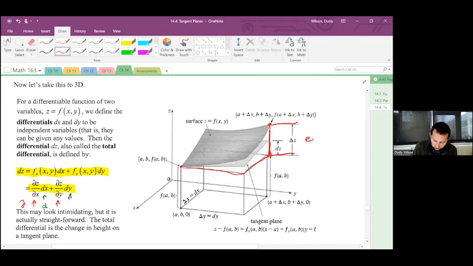So this is your exact change. But your approximate change would be following the tangent plane, start at the same point, go along the tangent plane, and your approximate change would be your dz.